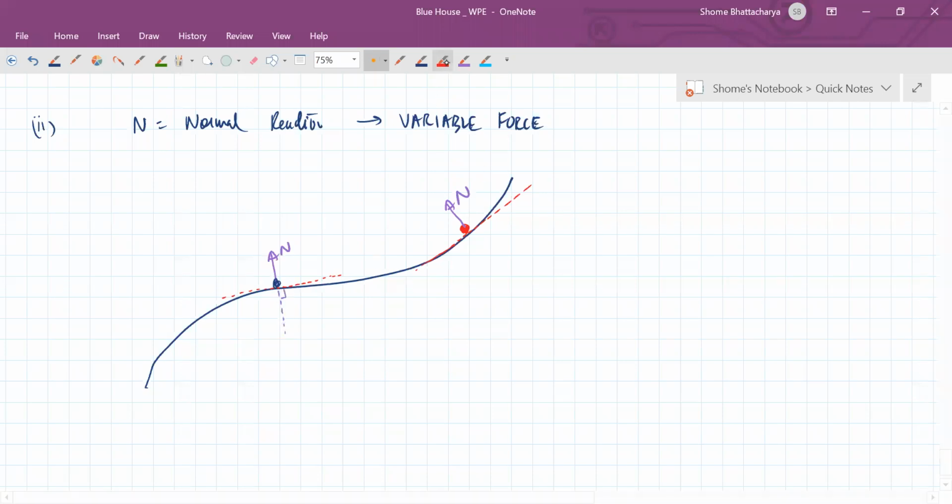At any given instant, if the tangent to the surface at that point is at an angle theta with this, normal reaction is changing both in magnitude and direction.